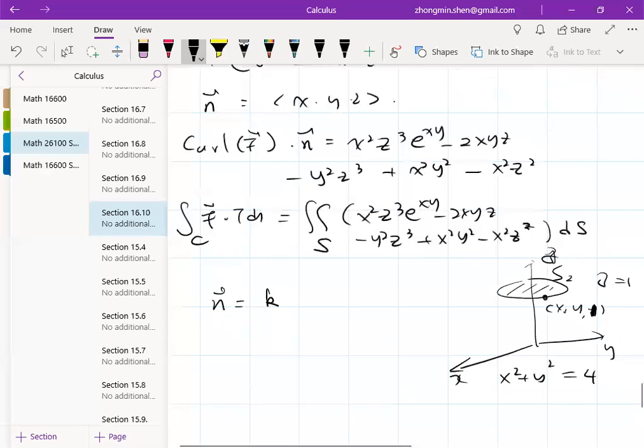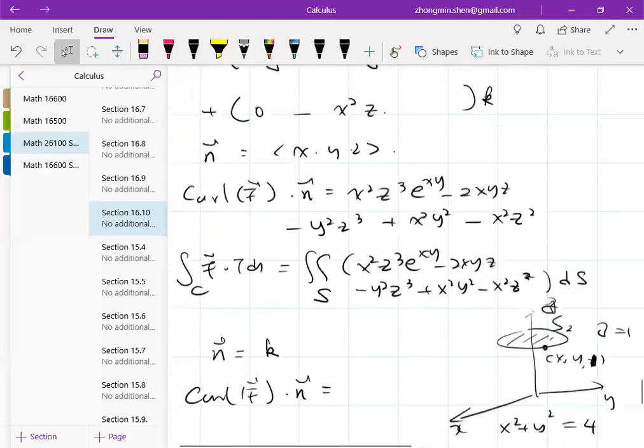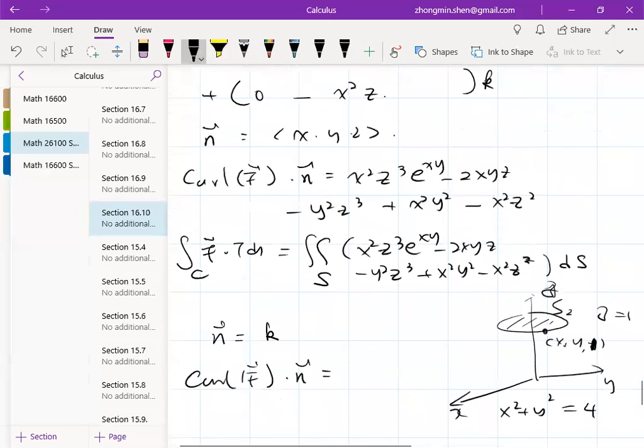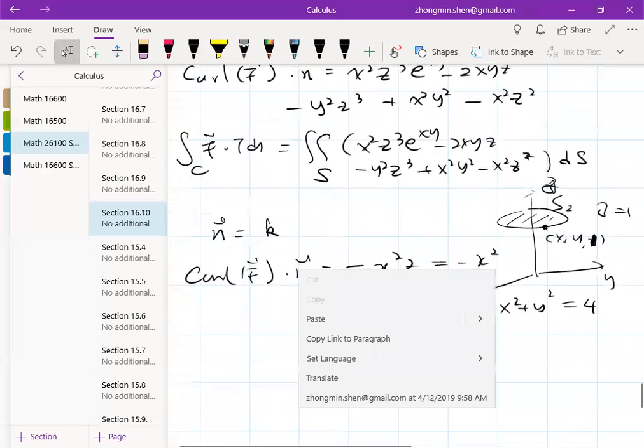So the inner product is much simpler, okay? For this case, the inner product only takes the last piece, which is going to be negative x squared z. But z is always equal to 1, so just negative x squared, okay? You will see that it will be much simpler.